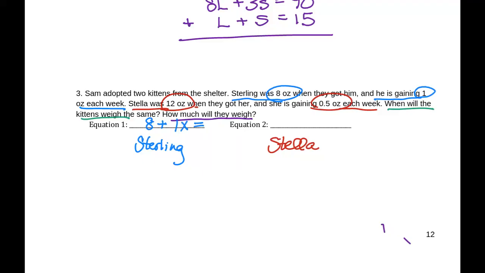And that is going to equal y, which is how much he's going to weigh. Stella started out at 12 ounces, and she is gaining 1/2 ounce each week. We don't know how many weeks that is, and that's going to be equal to her total weight.